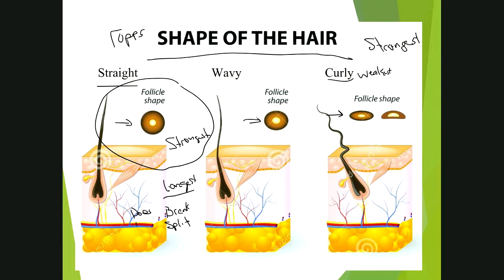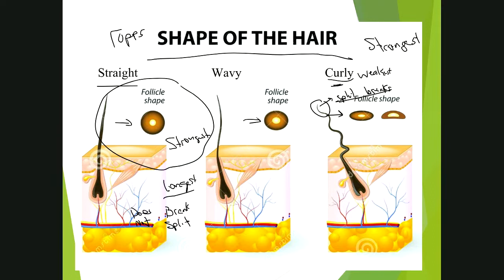But people who have very curly hair, what happens is as it gets to the end, it begins to fray. It begins to split. And it breaks. So the hair can't get very long before this happens.